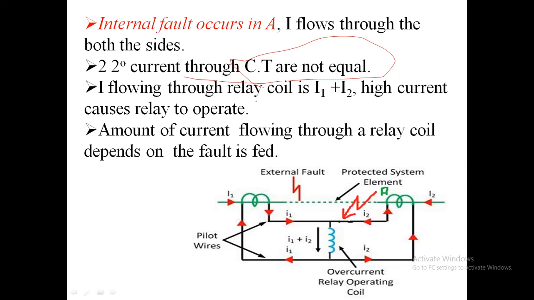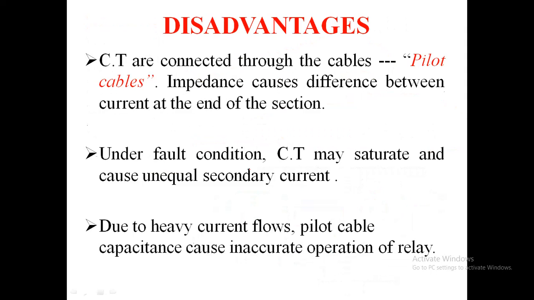The amount of current flowing through the relay coil will depend upon the way the fault is fed. So this is the current differential relay.